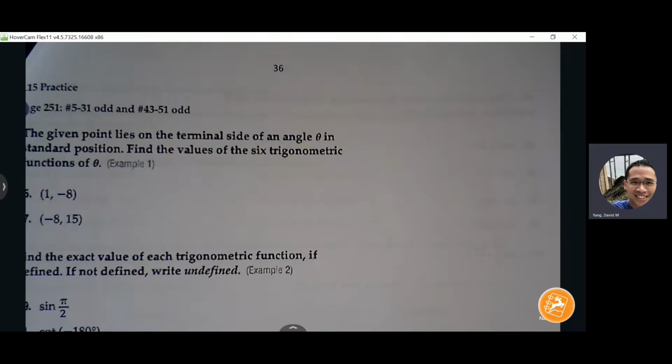Then we'll try to get through these 2 pages, 36 and 37. If we don't finish, it's okay. We can finish tomorrow, then do the next section and start reviewing.